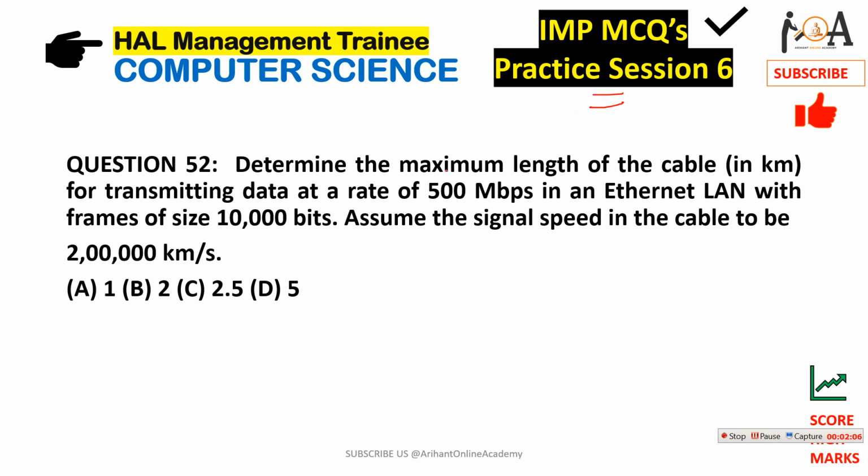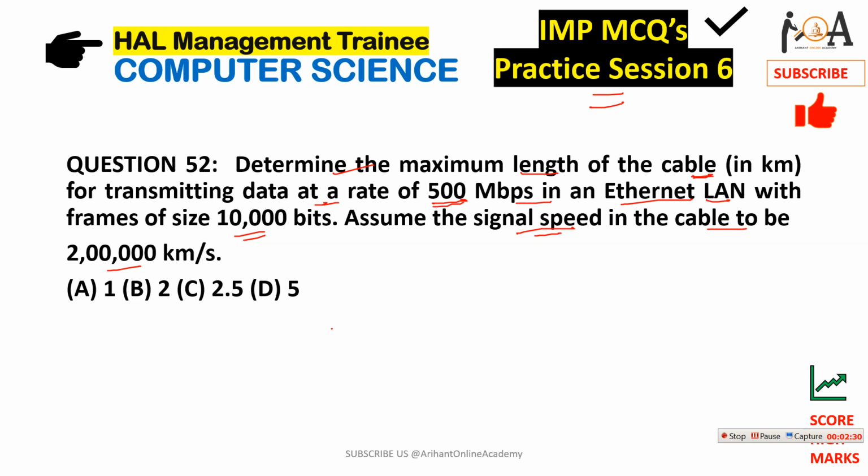Question number 52: determine the maximum length of the cable in kilometers for transmitting data at the rate of 500 Mbps in an Ethernet LAN with a frame size of 10,000 bits, assuming the signal speed in the cable to be 2 lakh km per second.